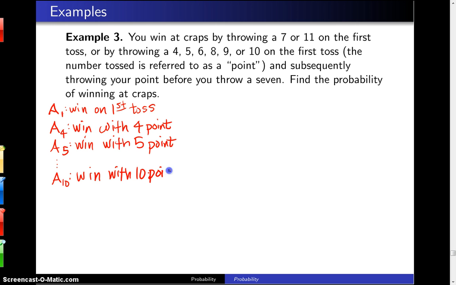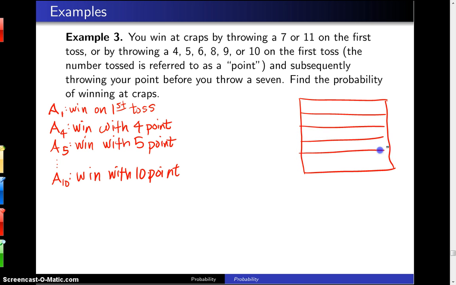Now in order to solve this problem, you've got to be familiar with the usual probabilities associated with throwing 2 fair dice. And so here's the results of one of the 2 dice, and here are the results associated with the other of the 2.